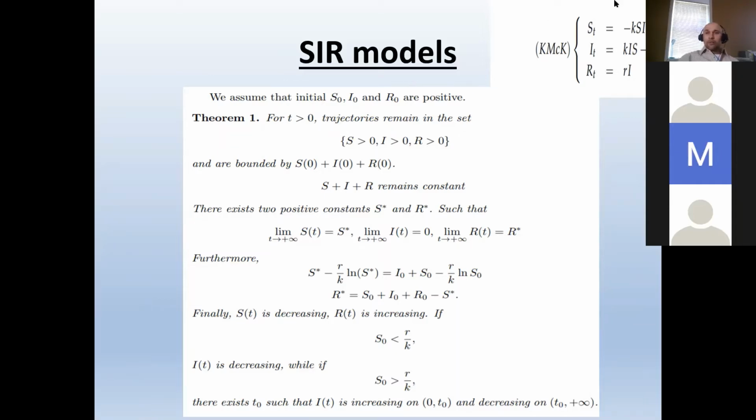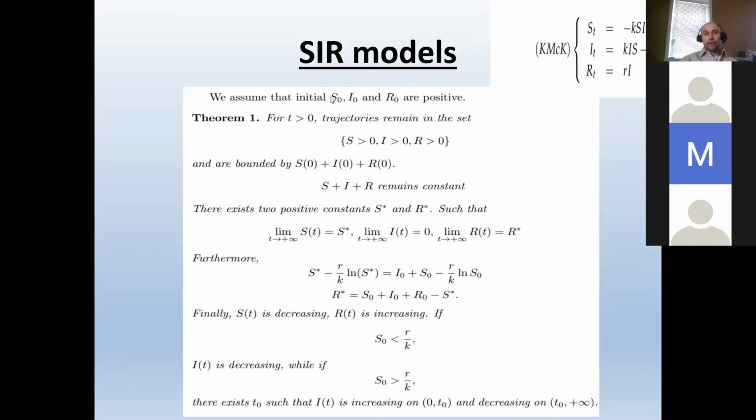You start with an initial condition. This system is very regular, so the Cauchy theorem gives you local existence. Once you have local existence, you can prove that the solutions are defined for all positive time.